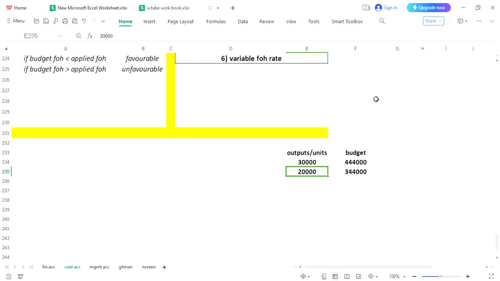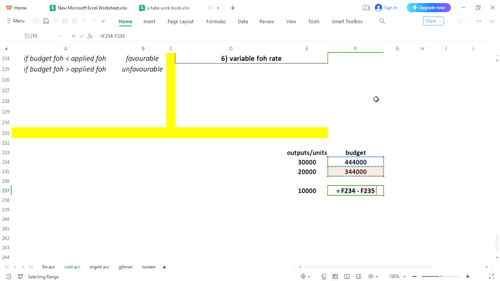How? You can see that by changing the number of units from 30 to 20, how many units have changed? The difference is 10,000. So what change comes in your budget? Initially it was 4,44,000, and then you decreased your number of units, so cost would automatically decrease from 444 to 344. So the change is 1 lakh rupees. Understand?